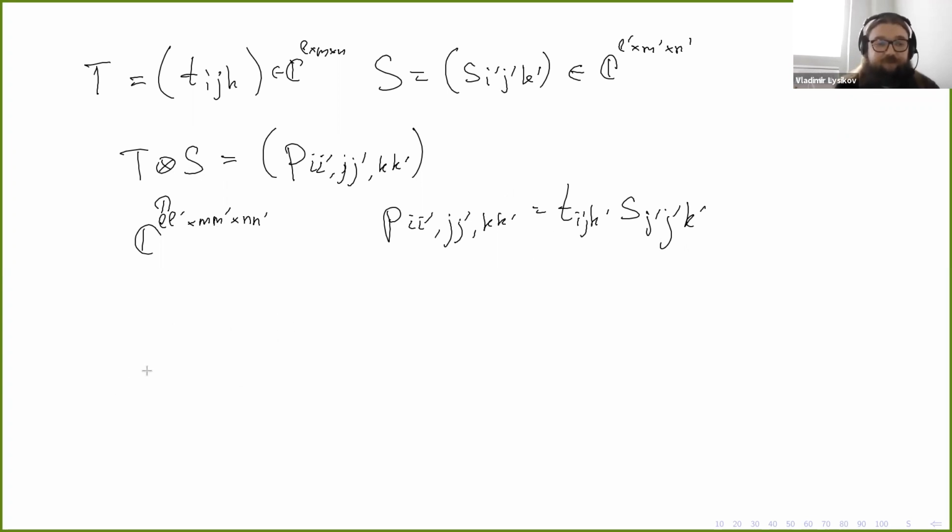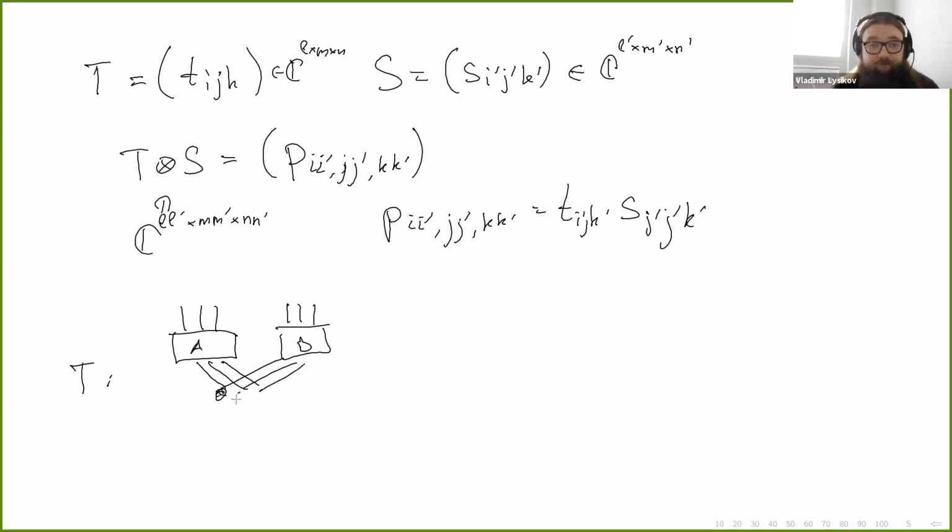So, for example, if T is computed by some bilinear circuit, then we can construct a circuit for T tensor S in the following way.